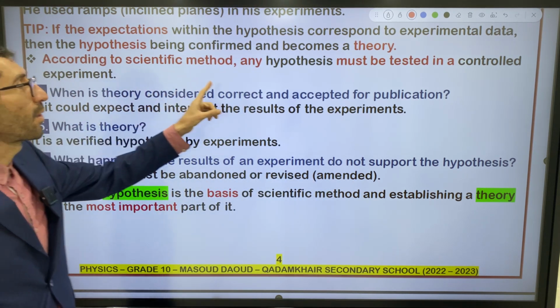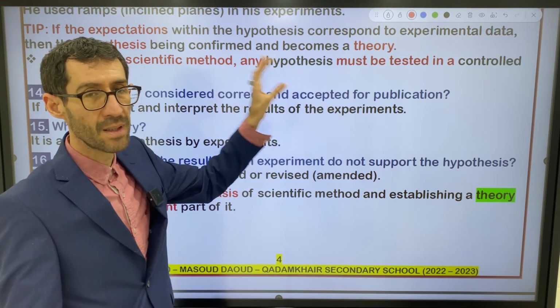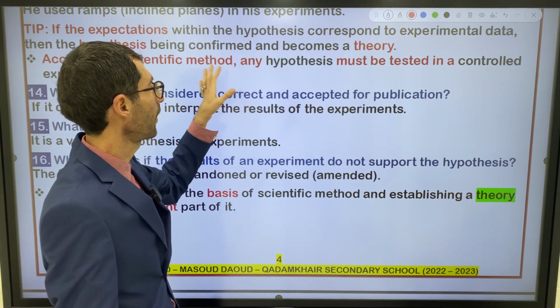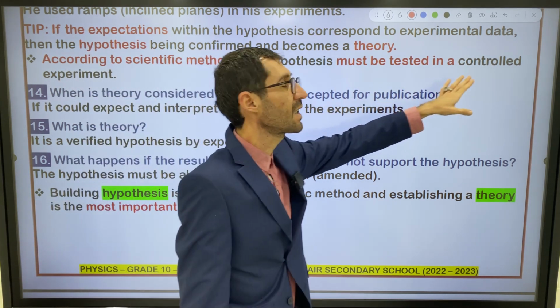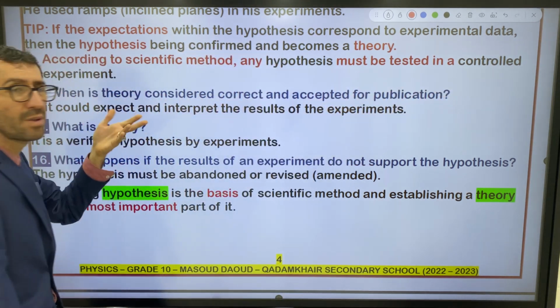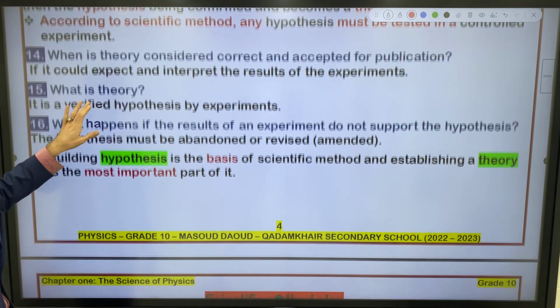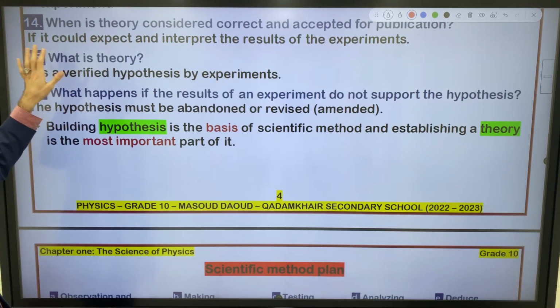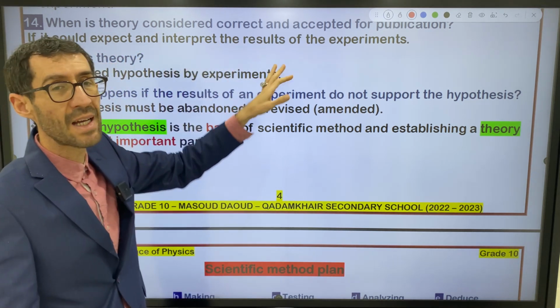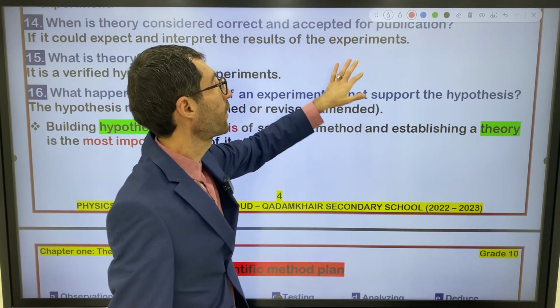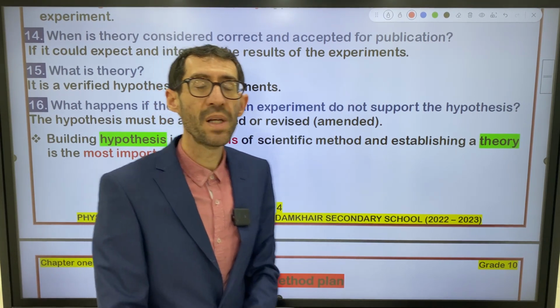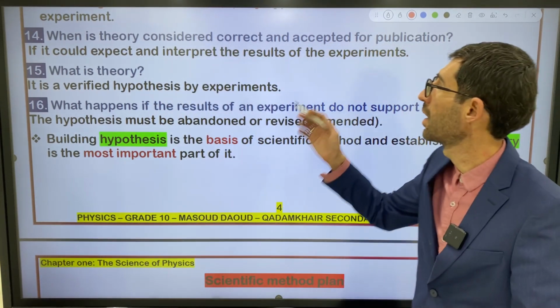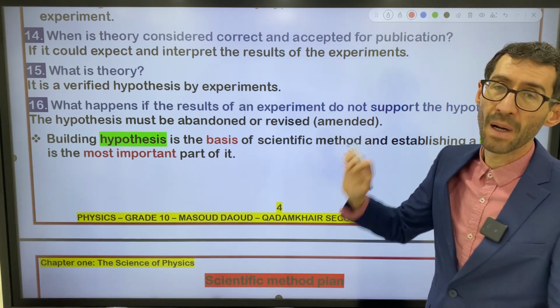According to the scientific method, any hypothesis must be tested in a controlled experiment. I explained it for you in advance. Question number 4: when is a theory considered correct and accepted for publication?